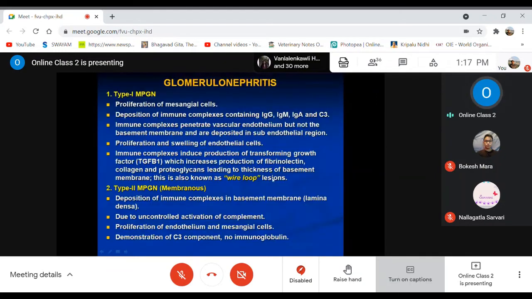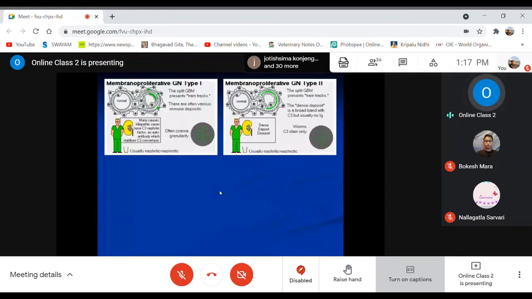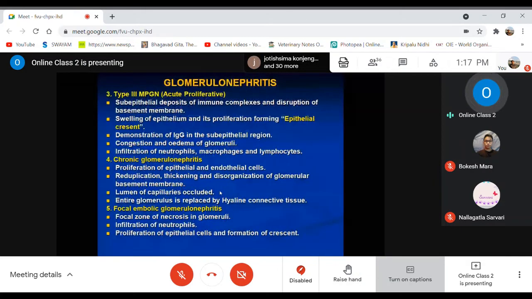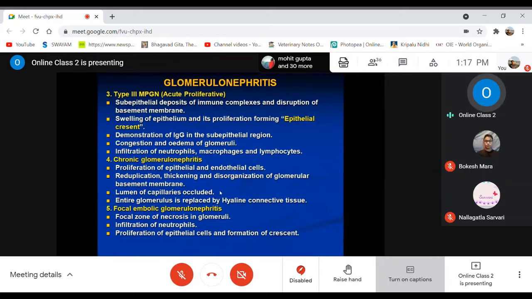And the 5 subtypes of glomerulonephritis basing on mesangial cell proliferation are type 1 MPGN, type 2 MPGN, which is also known as membranous glomerulonephritis, then type 3 MPGN, also known as acute proliferative glomerulonephritis, then chronic glomerulonephritis, and focal embolic glomerulonephritis.